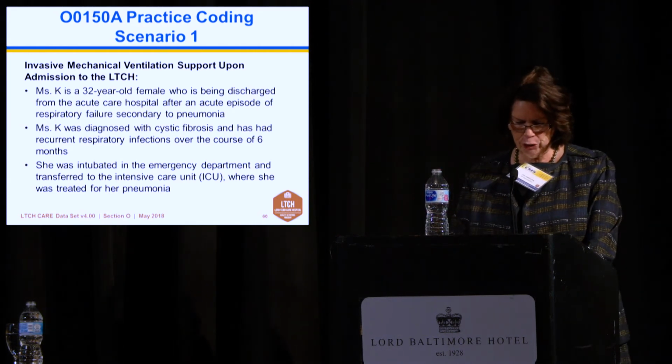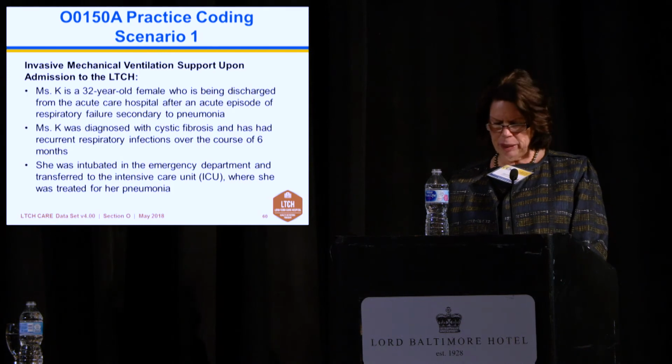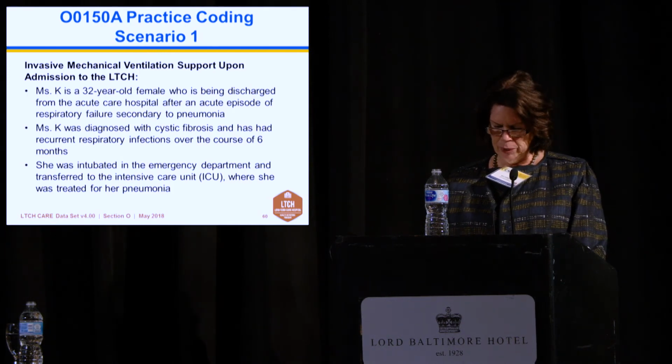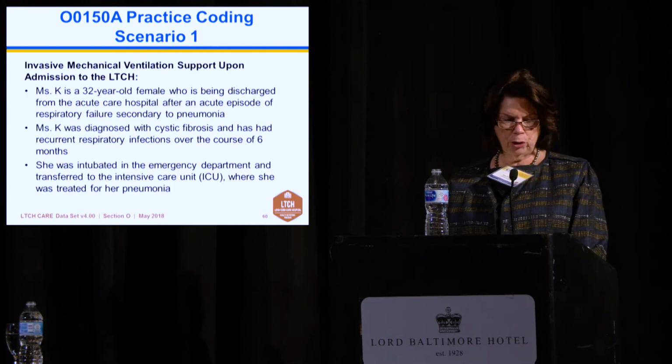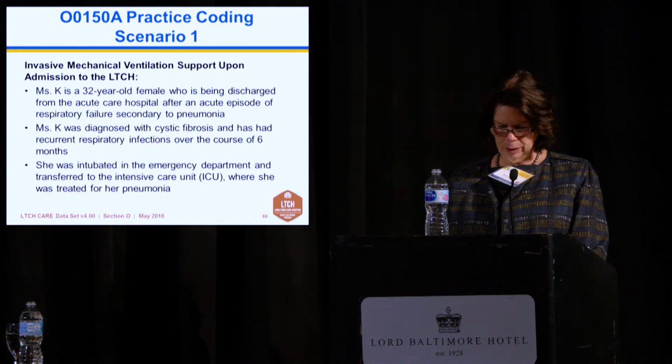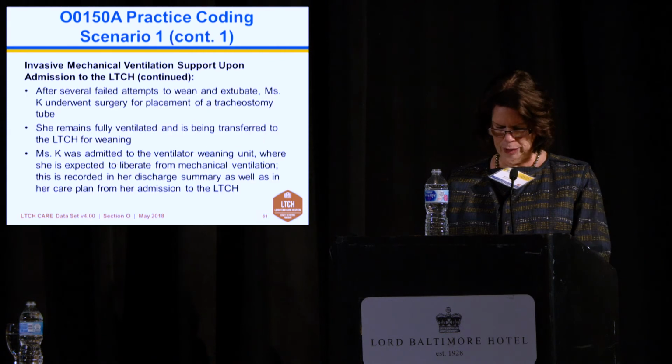Ms. K is a 32-year-old female who's being discharged from the acute care hospital after an acute episode of respiratory failure secondary to pneumonia. She was diagnosed with cystic fibrosis and has had recurrent respiratory infections over the course of 6 months. She was intubated in the emergency department and transferred to the ICU, where she was treated for her pneumonia.